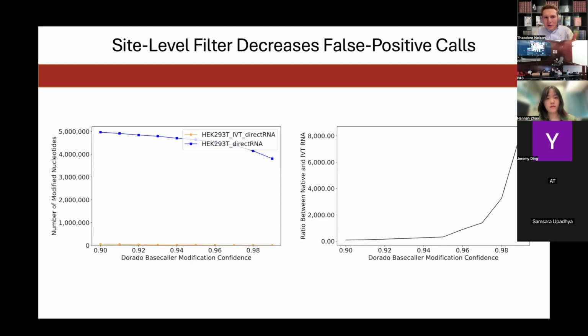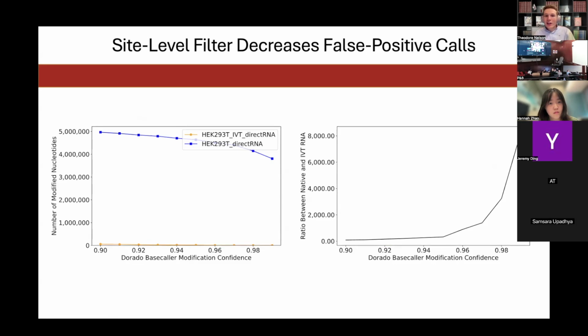So if you look at every site and you say, okay, I now want to make a curve at that site for all of the modification site-level stoichiometries, whether they passed or failed my filter, you just look at the site and see the histogram plot. I have 50 calls at like 0.75 confidence and 3 that are above 0.99.